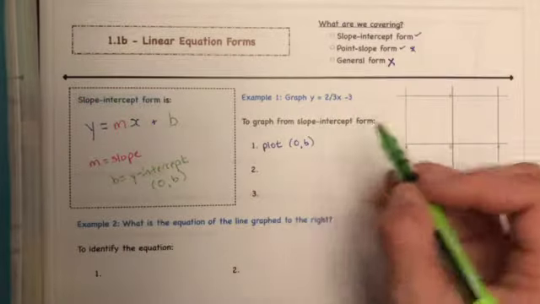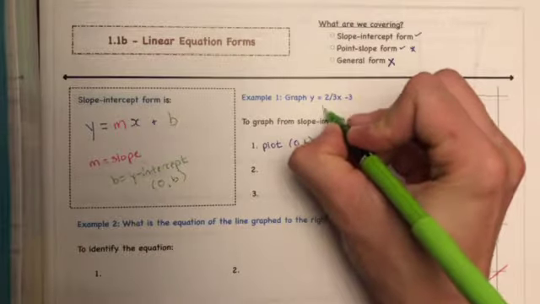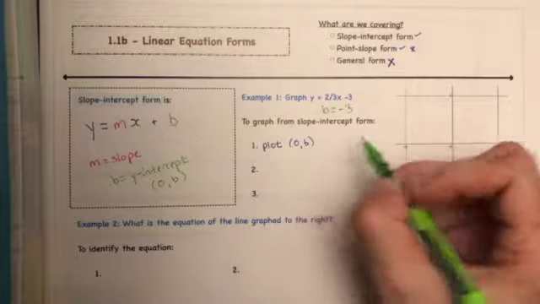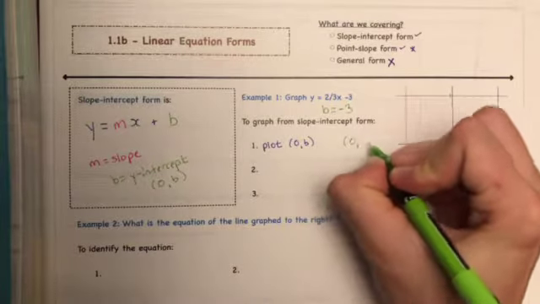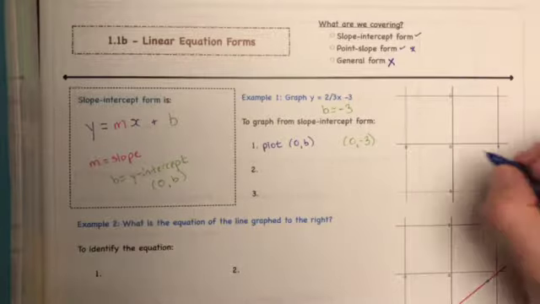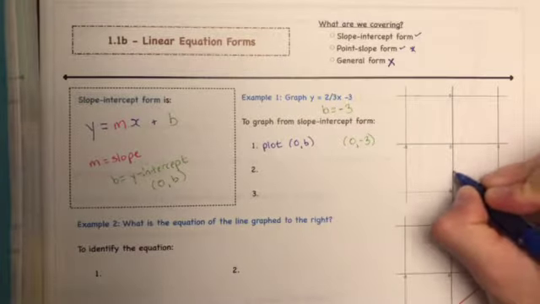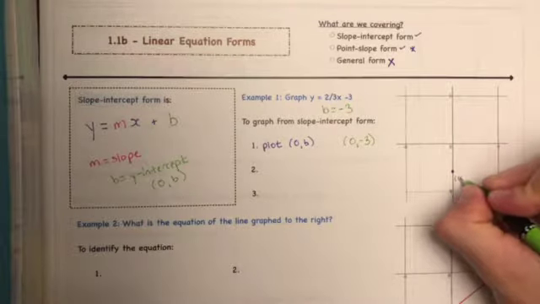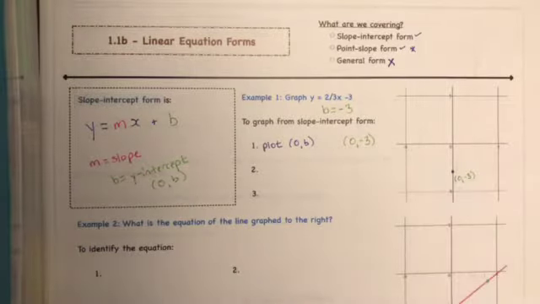In this equation, our b value is equal to -3, so I want to plot the point (0, -3). I'll go down 1, 2, 3, and plot my point. This is my y-intercept.